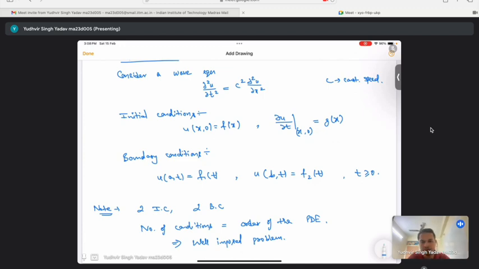So we have two initial conditions with respect to time and two boundary conditions with respect to space. So this given wave equation is a well posed problem.